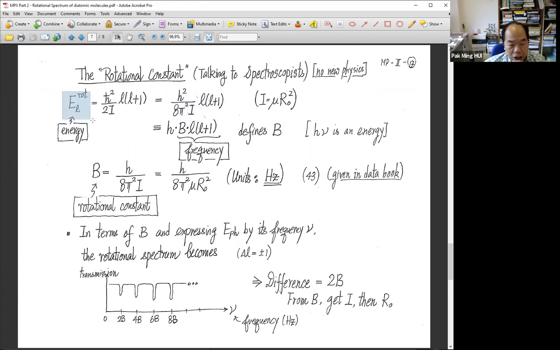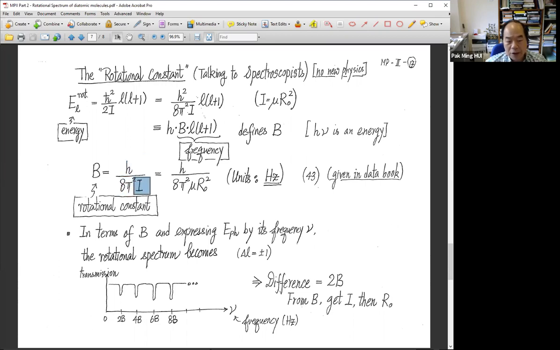Now this is an energy, so they want to use H times a frequency. Thereby this B has the unit of a frequency, nu, hertz, for example, okay? So that's easy. You just take out one factor of H bar, and the remaining thing is B. So this is the definition of B. There's nothing new. Again, it is related to the moment of inertia, but with a different constant in front, okay?